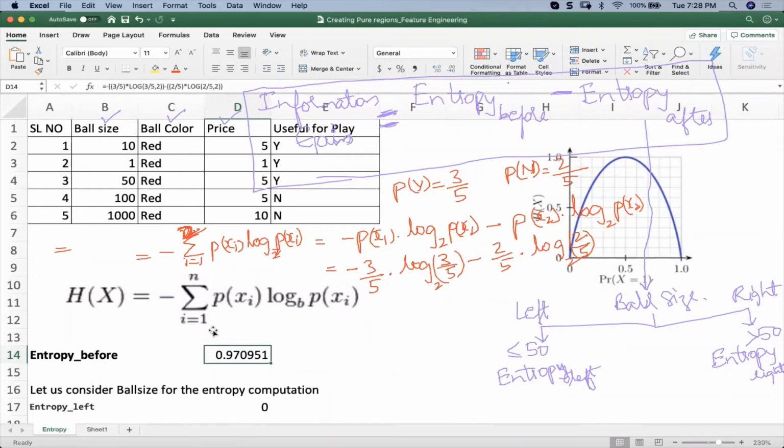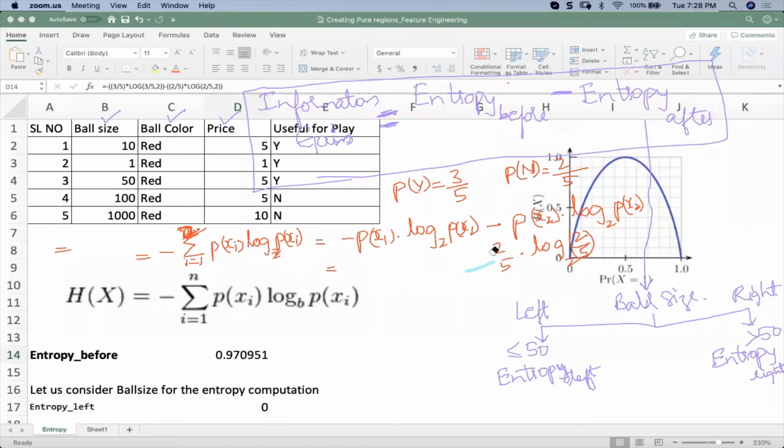Now we calculate entropy after. For that, I think I'll have to erase these things. Okay, now let's calculate entropy after. In entropy after, you need to first calculate entropy left and then right. So let's take the left portion first.